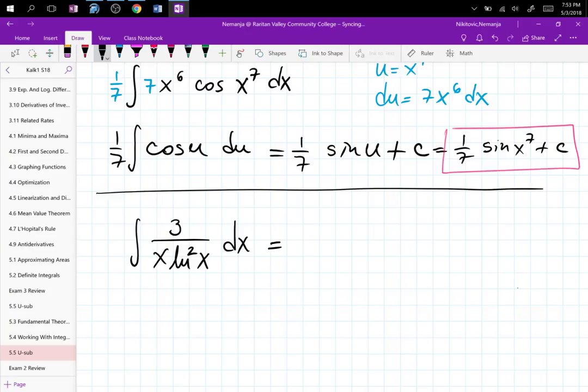Now, what's the function? What's the derivative? That's what I'm looking for. The natural log of x is squared, but we do have 2 x's. We don't have to worry about squared. So what would be the function and what would be its derivative?